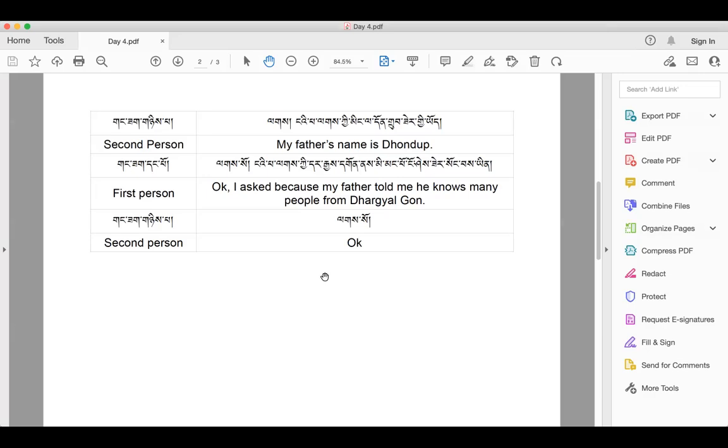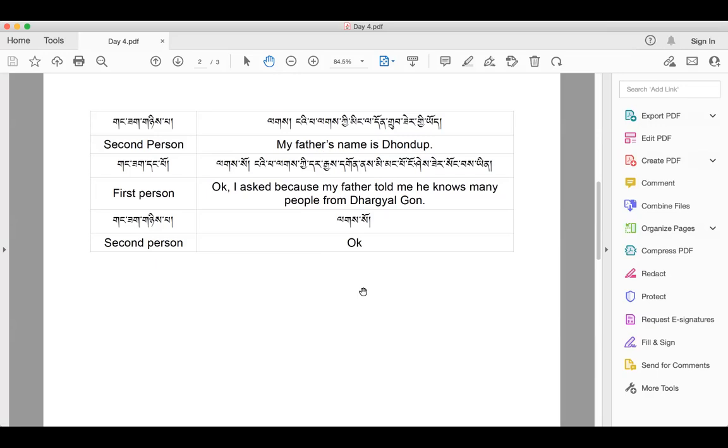And I wanted to point this out because recently I have encountered people claiming this ngaki to be "my" in Tibetan, and I was quite shocked. It is true that in the colloquial system they use this.